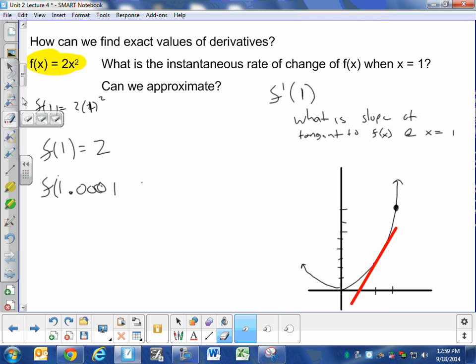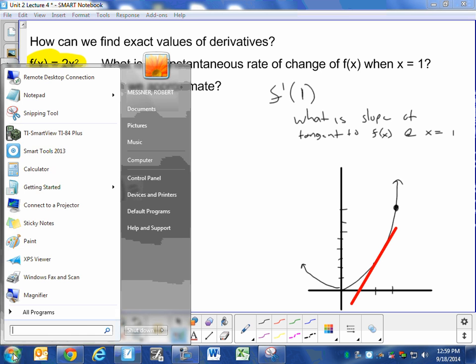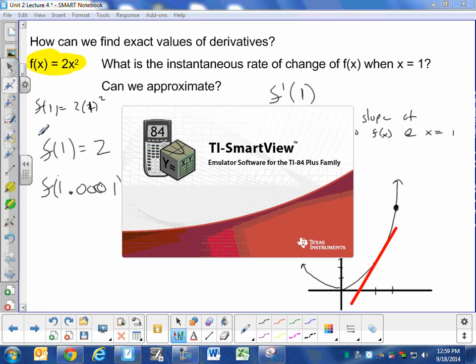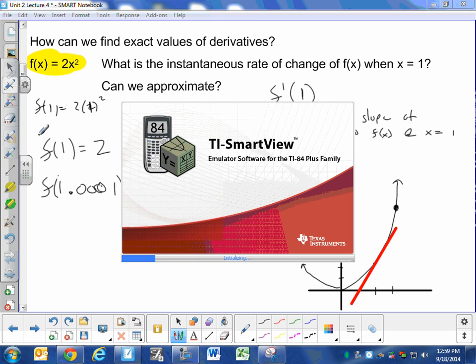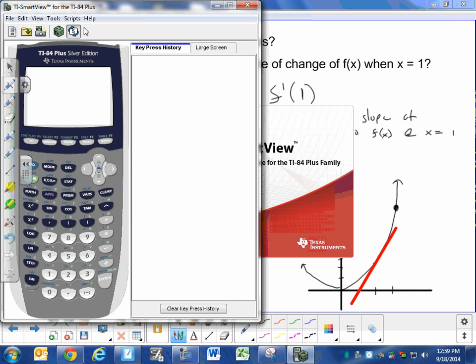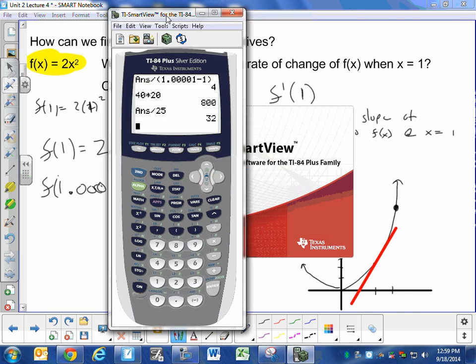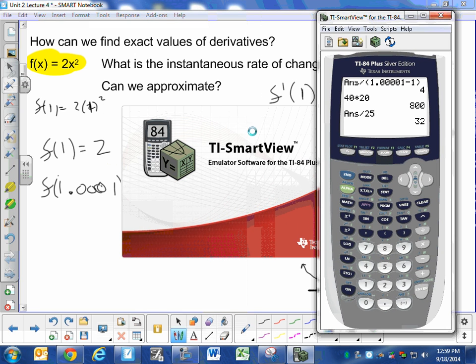Now, let's use our calculator to figure out what that value is.